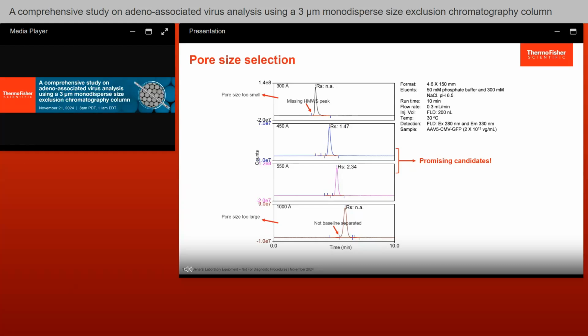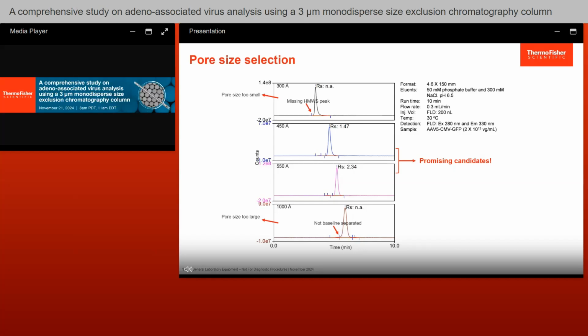When separating AAV5 with a pore size of about 300 angstrom, we cannot separate the high molecular weight species peak, which is the aggregate. We only have one main peak for the AAV monomer.